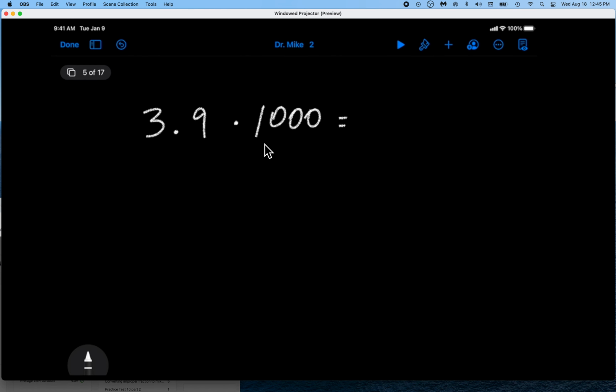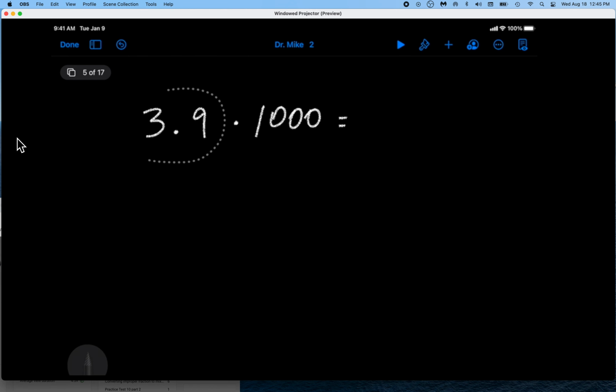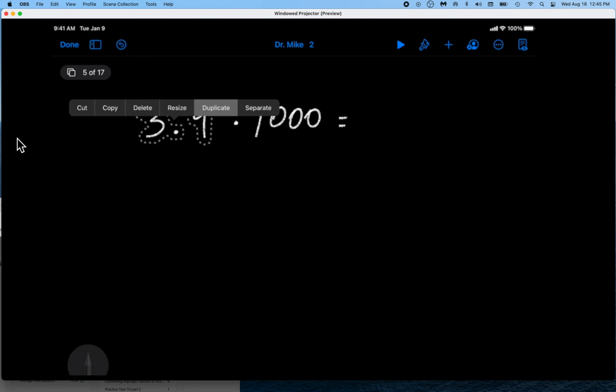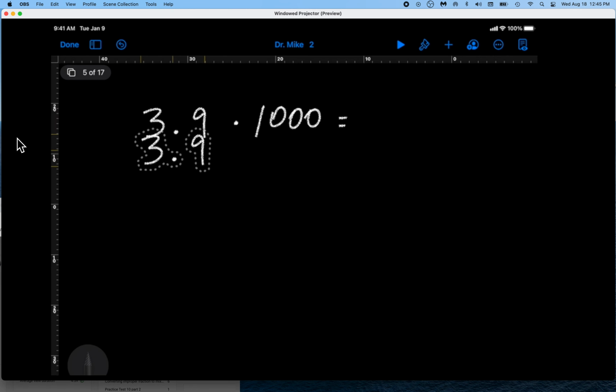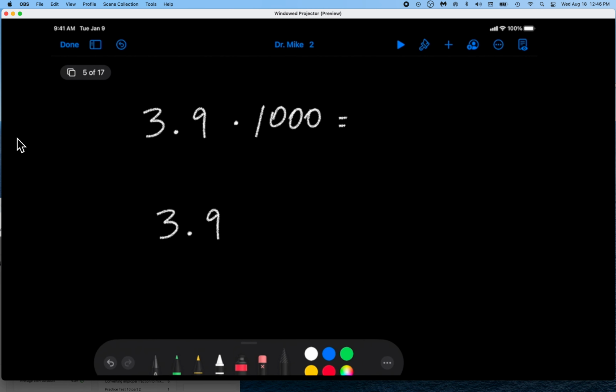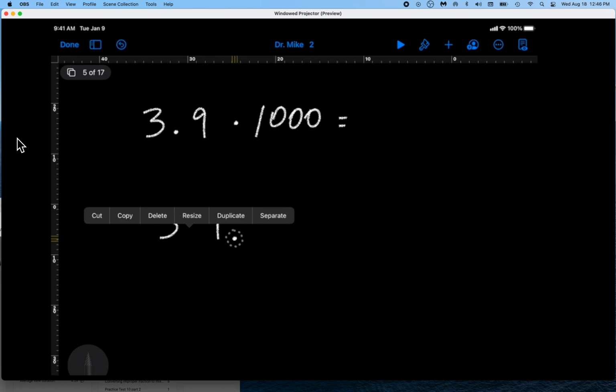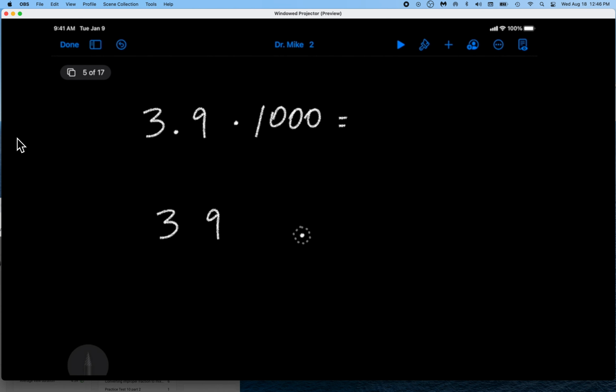How far to the right? 3 decimal places. So let's do that. Let's take this decimal place and move it 3 spots to the right. 1, 2, 3.